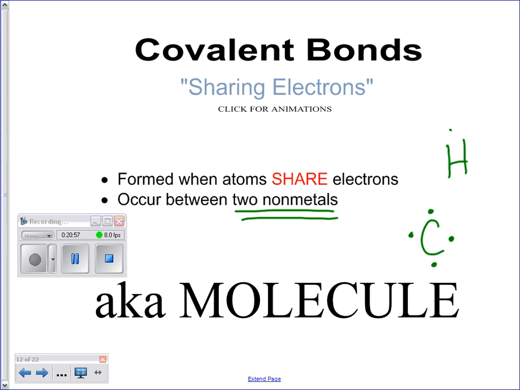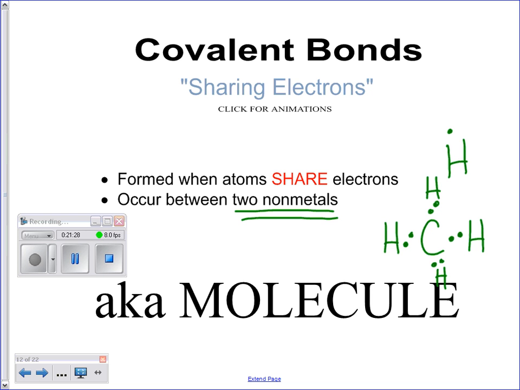Hydrogen has 1 valence electron, but remember, when hydrogen forms an ion, it's going to be isoelectronic to helium, and helium only has 2 valence electrons. So hydrogen only wants 2 valence electrons. So if I take hydrogen and I go ahead and share this electron with carbon, let's say I put this one hydrogen here, I have an electron that comes from hydrogen, I put another one here, another one here, and another one here.